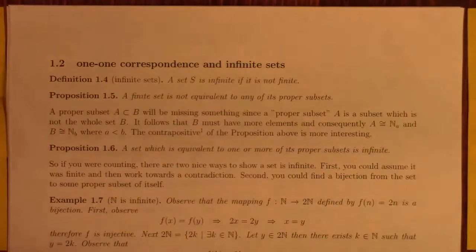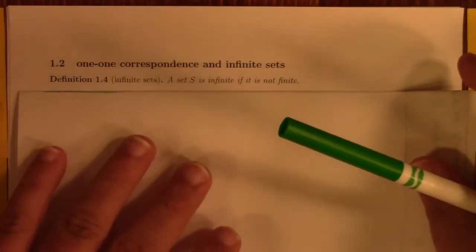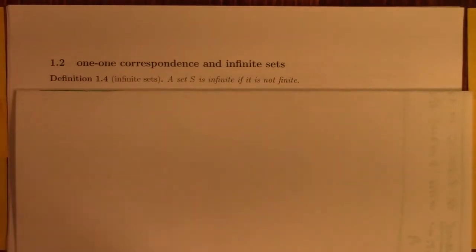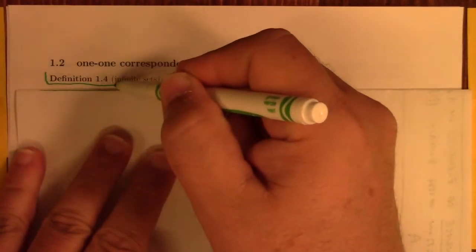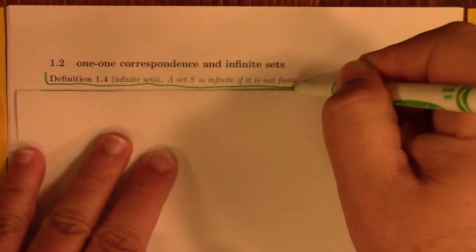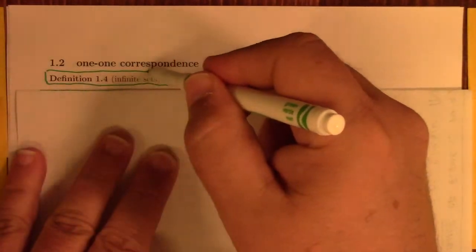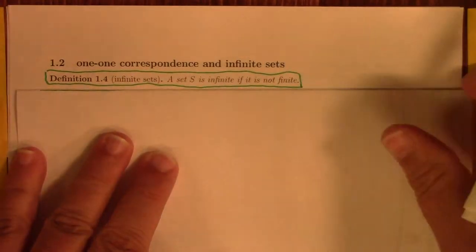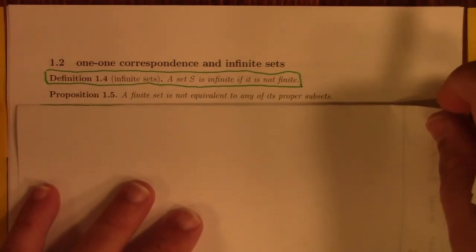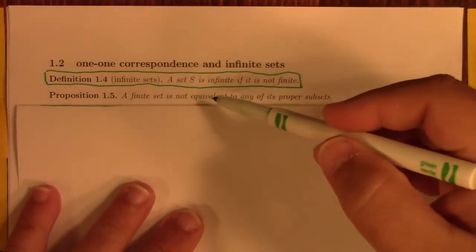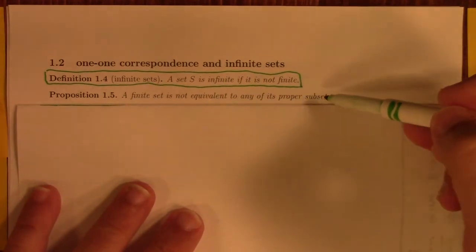All right, great. So let's move on here. Definition: what about infinite sets? Well, this may not be a very satisfying definition to you, but here it is. An infinite set is one which is not finite. Okay, great. So what else can we say? Proposition: a finite set is not equivalent to any of its proper subsets.